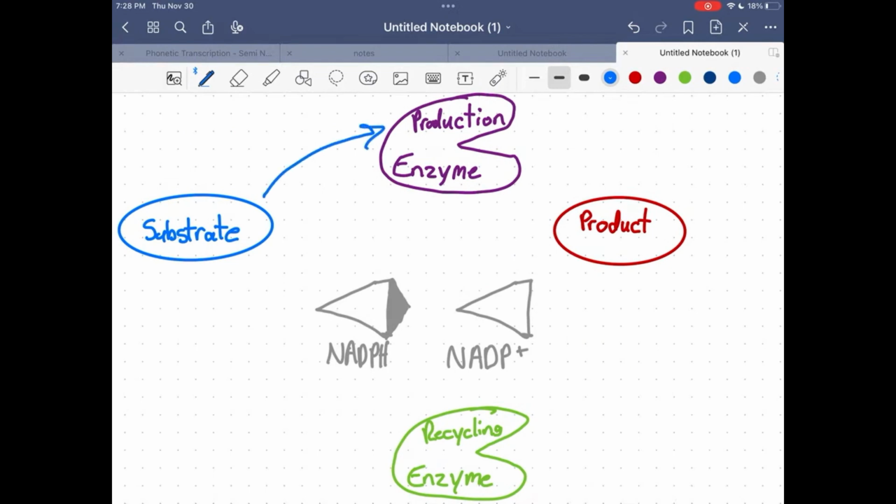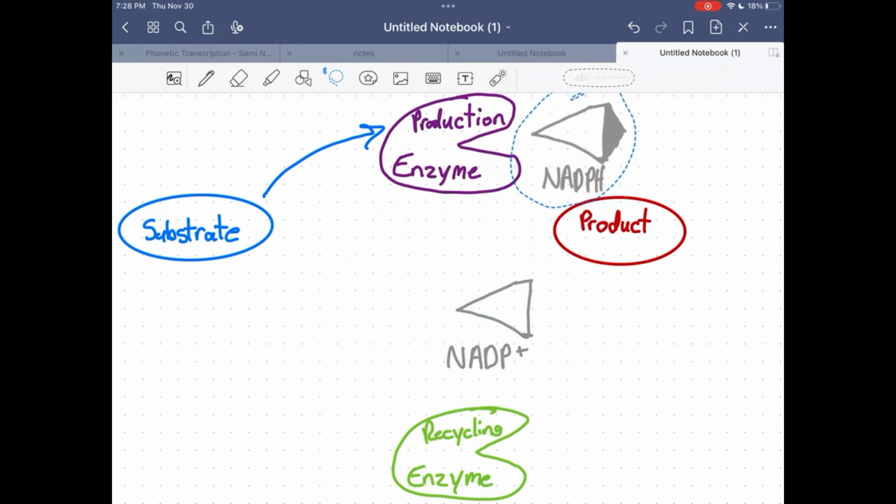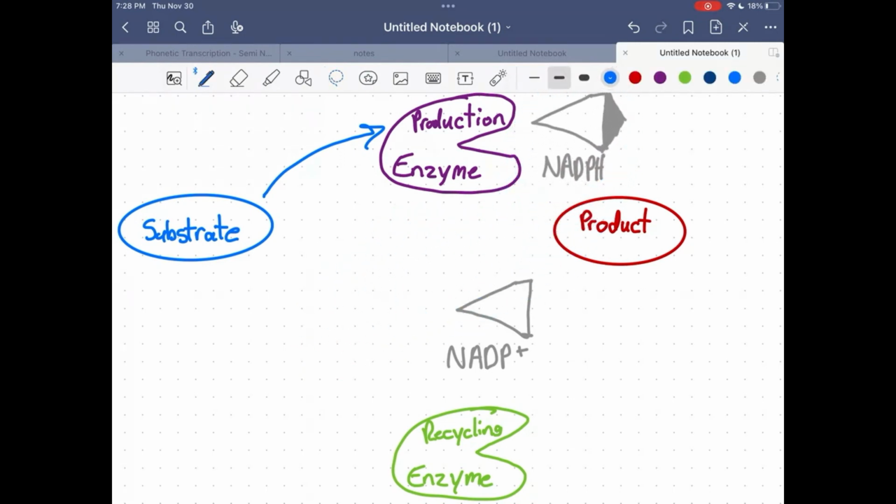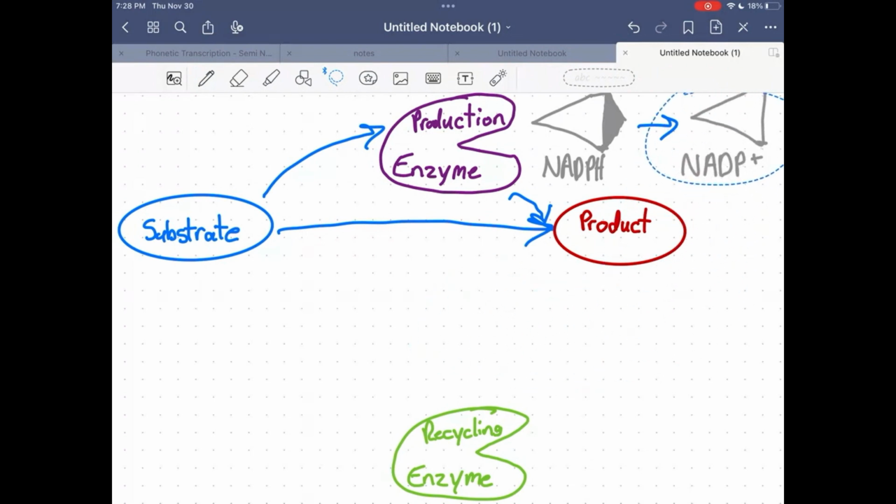To get the substrate to the final product, the use of a production enzyme along with a cofactor is needed. The NADPH is the cofactor for the production enzyme, and that allows the substrate to go into the final product. However, when using NADPH in this scenario, it is converted to NADP+.